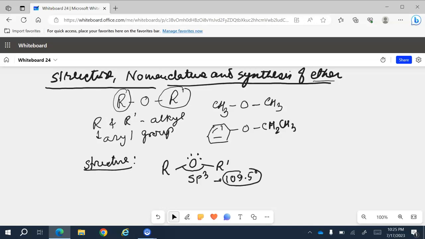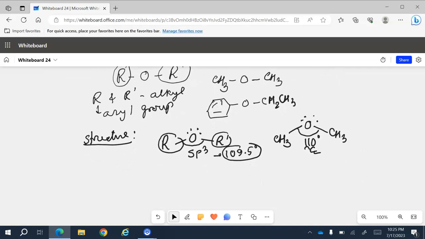However, because of the bulkiness of the R groups, this angle is a little bit expanded, a little bit bigger than 109.5. For example, in CH3OCH3 or dimethyl ether, this COC bond angle goes somewhere around 110 degrees, which is very close to 109.5. So that is the angle that they display. So this is the structure of ether.